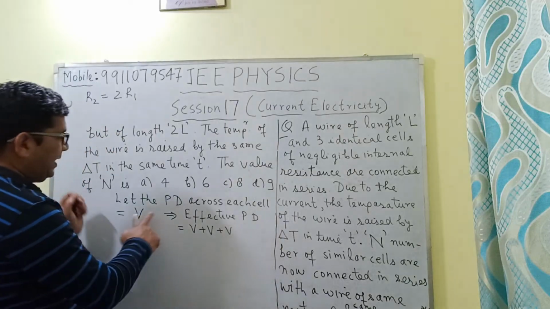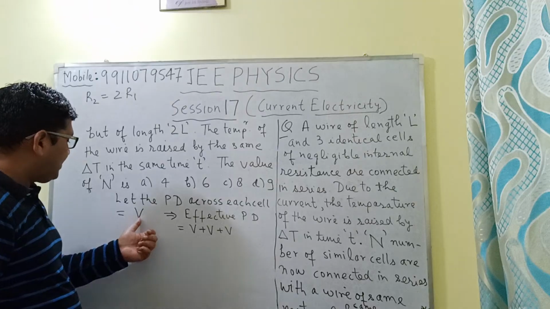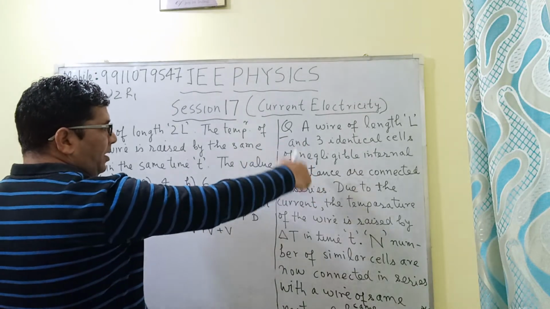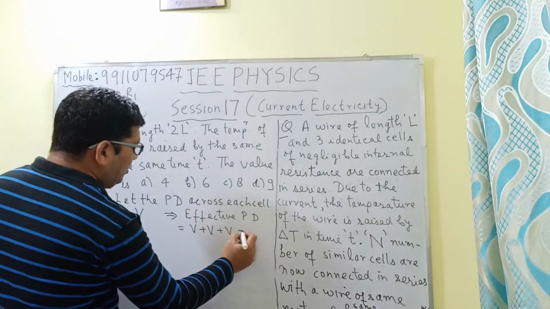So here, if we have taken the potential difference across each cell as V, then the effective potential difference in the first case will be equal to 3V.